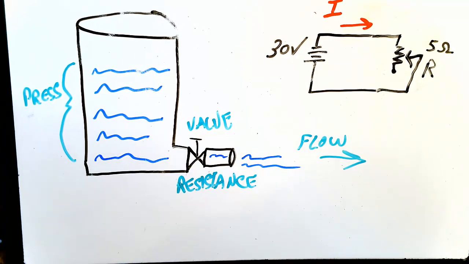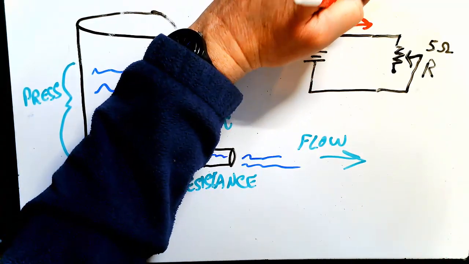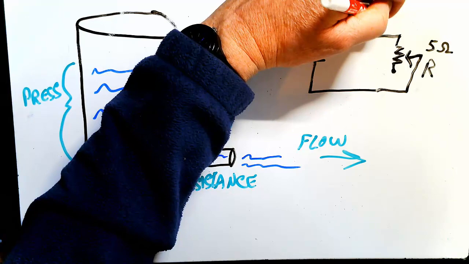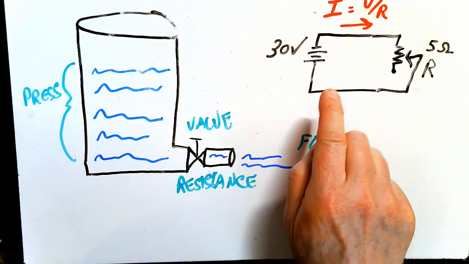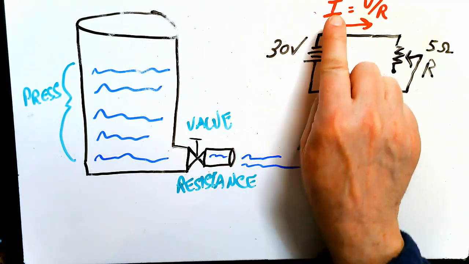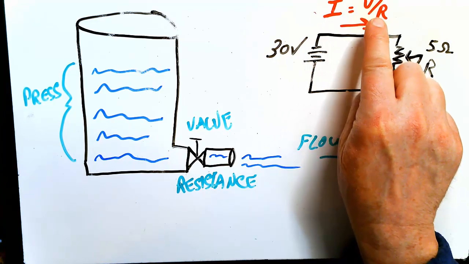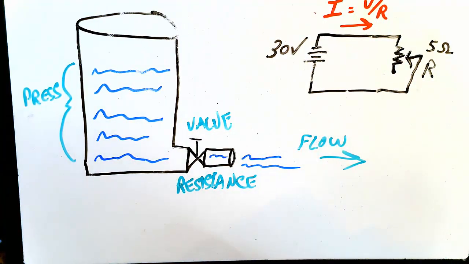And that relationship is Ohm's law, and that is current equals voltage divided by resistance. Or we could look at it as the flow equals the pressure divided by resistance.